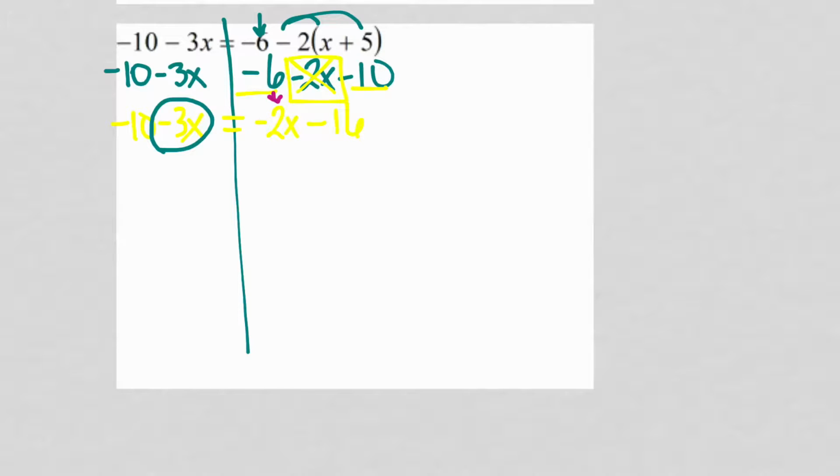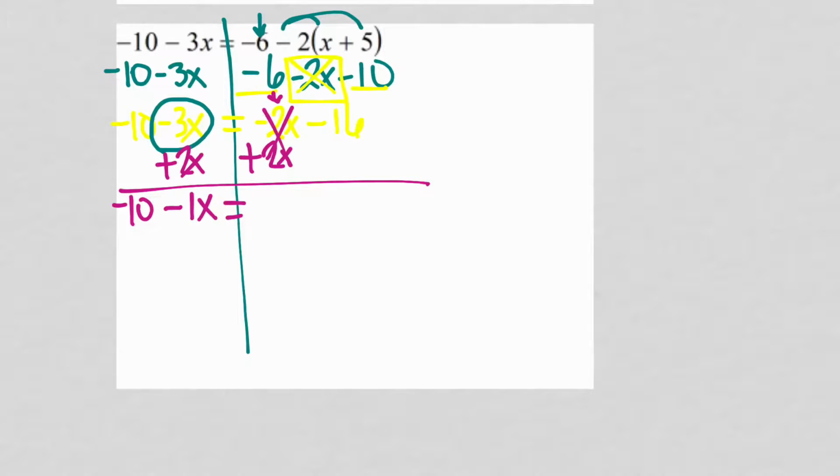The only way to do that is by adding or subtracting. Since it is a negative 2x, I'm going to add 2x to both sides. That brings down my negative 10. Negative 3 plus 2 still leaves me with a negative 1x. Negative 2 plus 2 is 0.